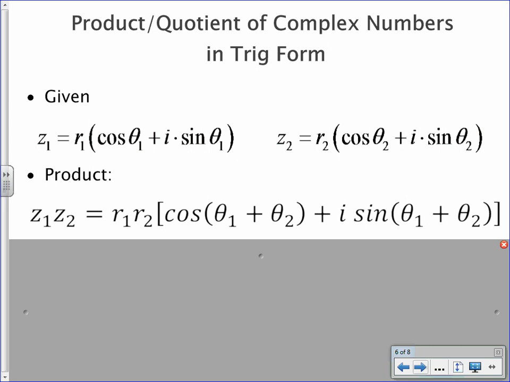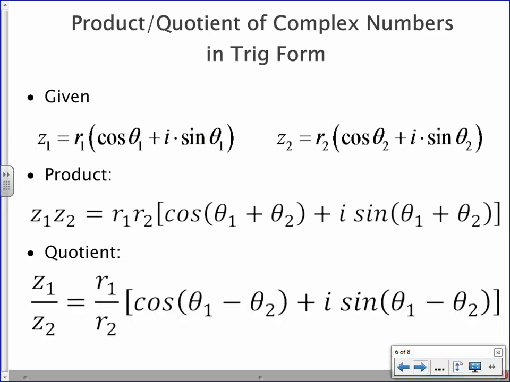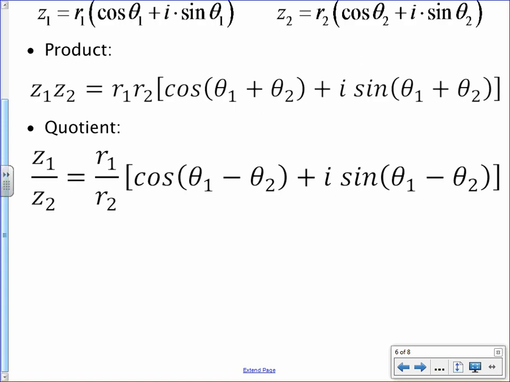What do you think our shortcut for division will be? Divide the R's, subtract the theta.